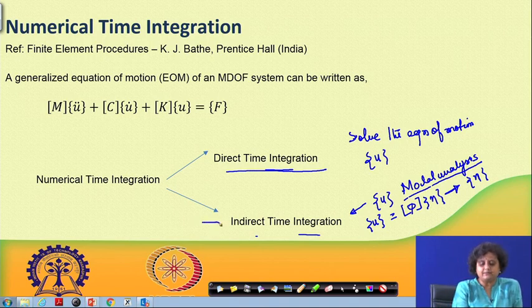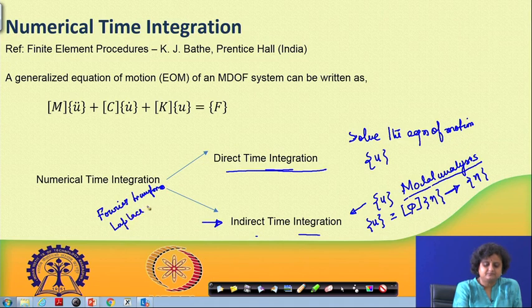Other indirect time integration schemes are solutions using Fourier transform, Laplace transform, and nowadays wavelet transform.